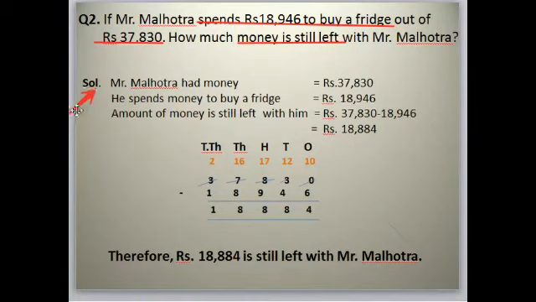Start solution. First, we will write the given information. Our given information is Mr. Malhotra had money, rupees 37,830, and he spends money to buy a fridge, rupees 18,946.